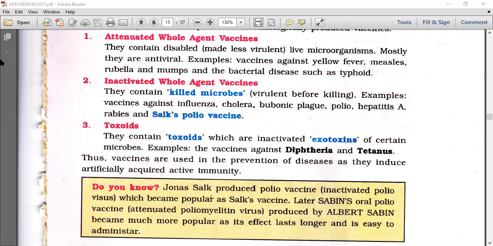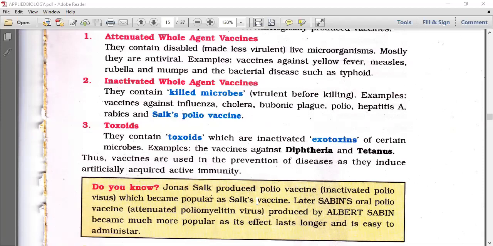Finally, a new development in vaccines concerns the polio vaccine. Earlier I said we use an inactivated whole agent vaccine like the Salk polio vaccine, introduced by Jonas Salk, which became popular as Salk's vaccine. But Albert Sabin gave oral drops. Nowadays we are taking oral drops, isn't it? What are these oral drops? An attenuated whole agent vaccine, live but less virulent, produced by Albert Sabin.